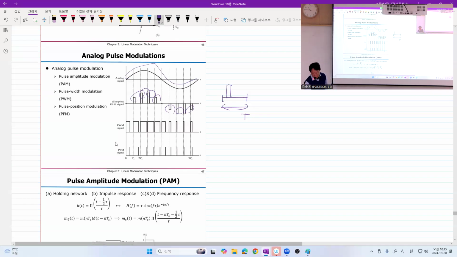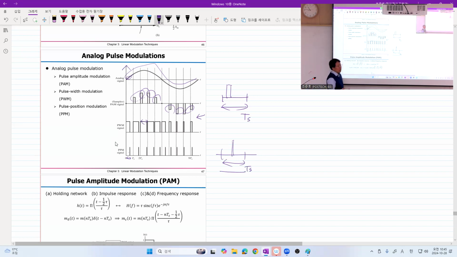And in pulse width modulation, interestingly, if the value is higher, then the width is larger. And here, depending on the value of the signal, the position of this short pulse changes within this T sub S. Got it?